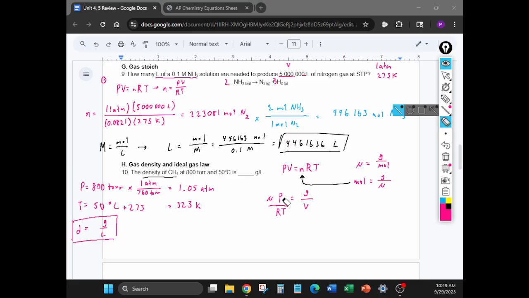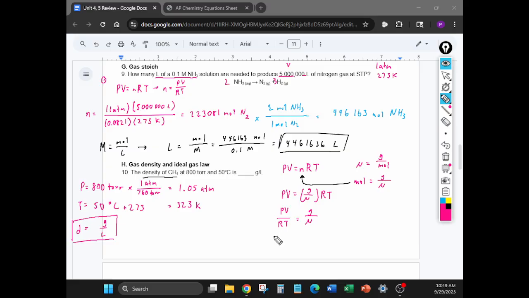Just in case I lost you there for a second, let me re-show you the math. We got PV equals, we replace N with grams divided by molar mass, and RT. You want to isolate grams and liters on one side, so we're going to divide by RT. On the left side, we'll get PV divided by RT equals grams divided by molar mass.